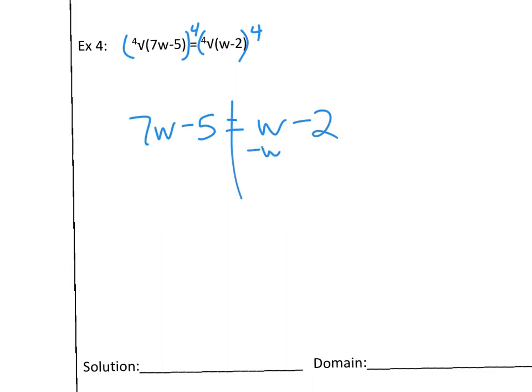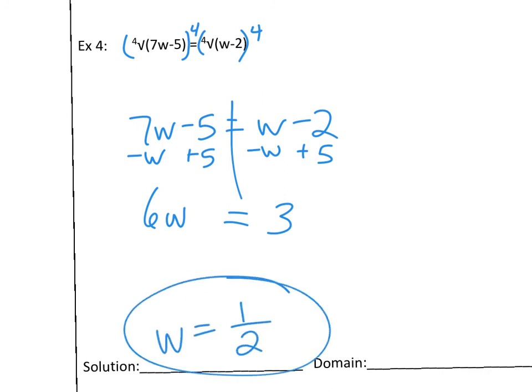Solve it. 6w equals, and what's w equal? 1/2. If you plug it in, it should work as well. No reason we're missing this on the quiz. Right? Yes. Pretty simple. Cool.